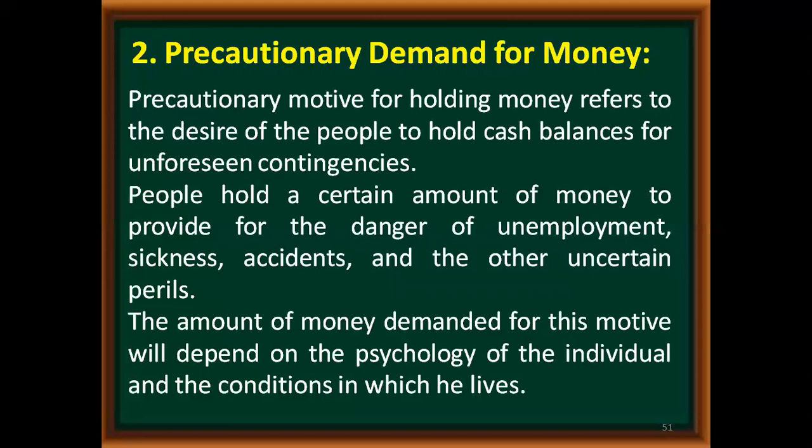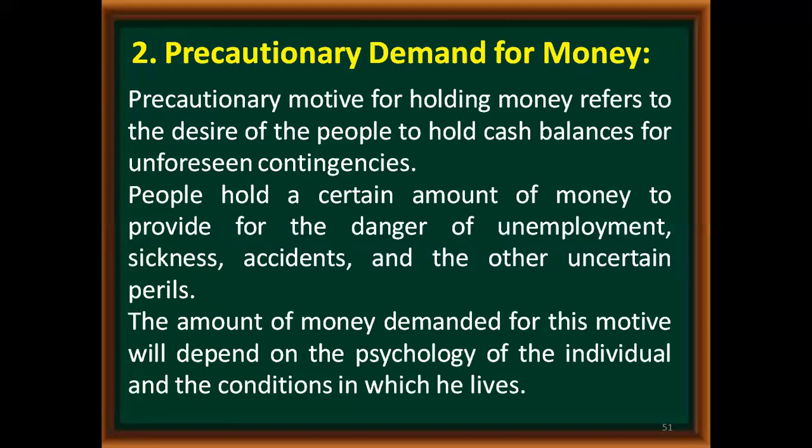Generally, people who have more income would like to hold more money for a precautionary purpose, whereas a person who has less income would like to hold less. So this precautionary demand for money is also affected by the same factor, that is your level of income. Now, let us discuss this point.